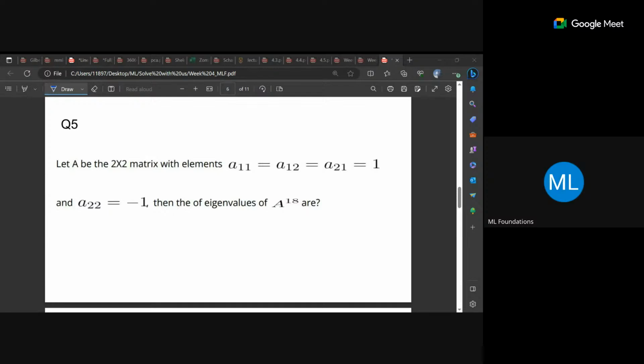Okay. So is it clear to all of you why it is 2 to the power 9? Yes, it is using diagonalization.